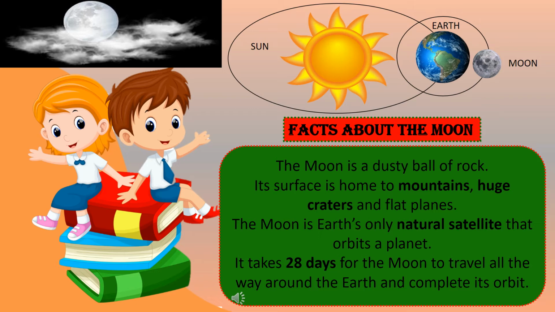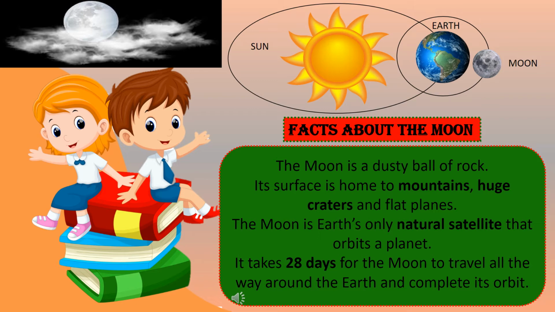So to complete one orbit around the Earth, the moon takes around 28 days to travel all the way around the earth and complete its orbit. It takes 28 days.